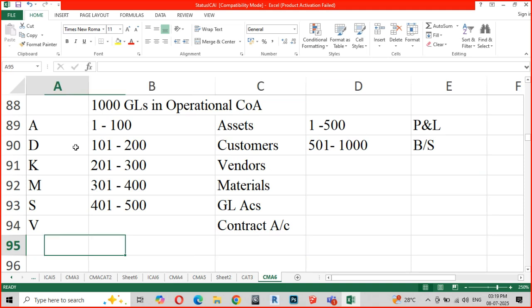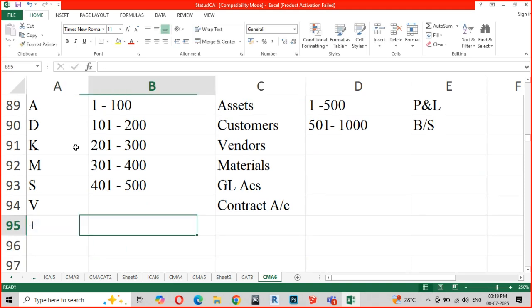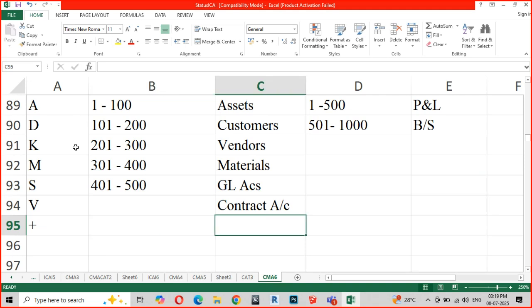And your plus is your entire master list. All GL accounts are indicated by plus. Where you see all this, just hold on.